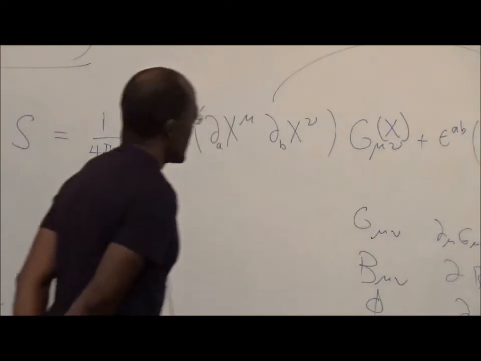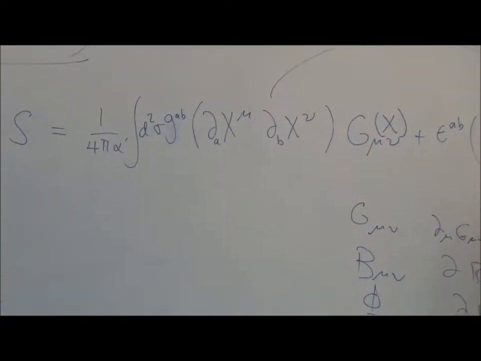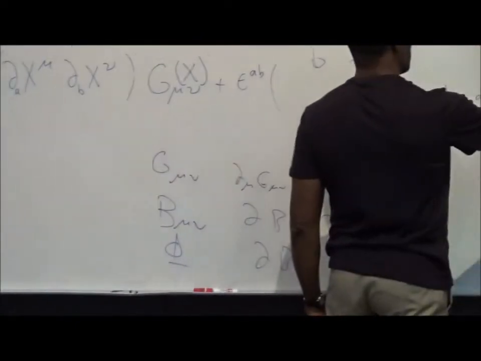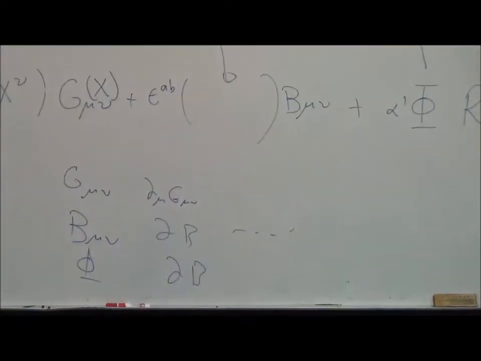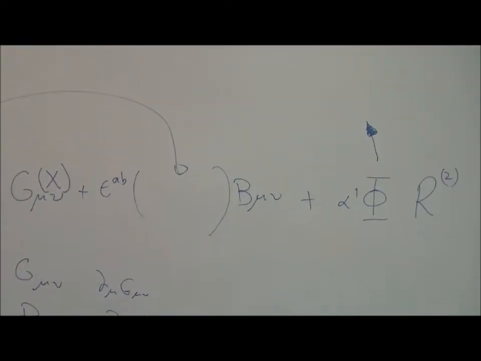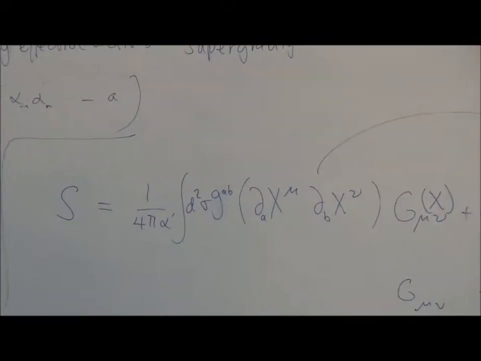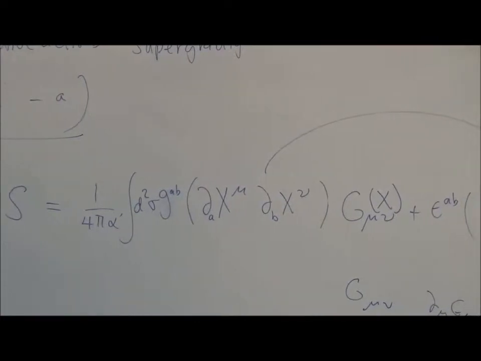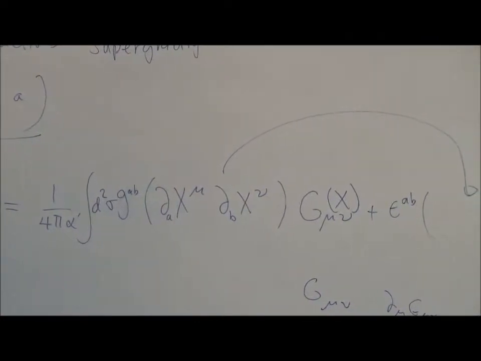String theory action. And if you recall, the dilaton has something to do with the strength of the coupling, controlling the strength of the splitting and joining interaction of the string theory. You maybe were studying that in... Did you study string interactions at all in any of last week's classes?